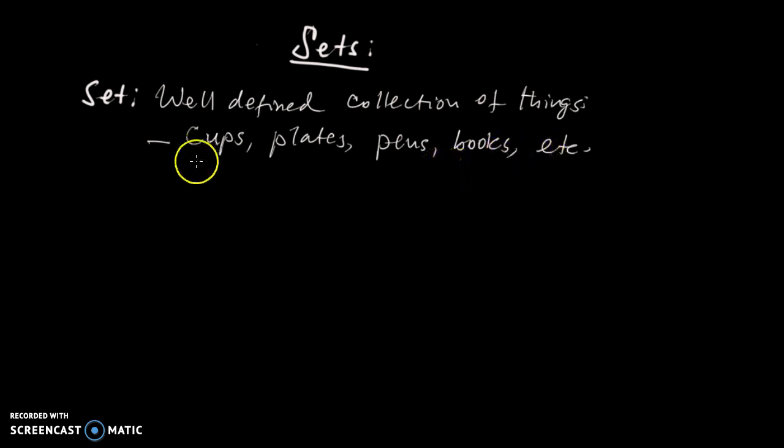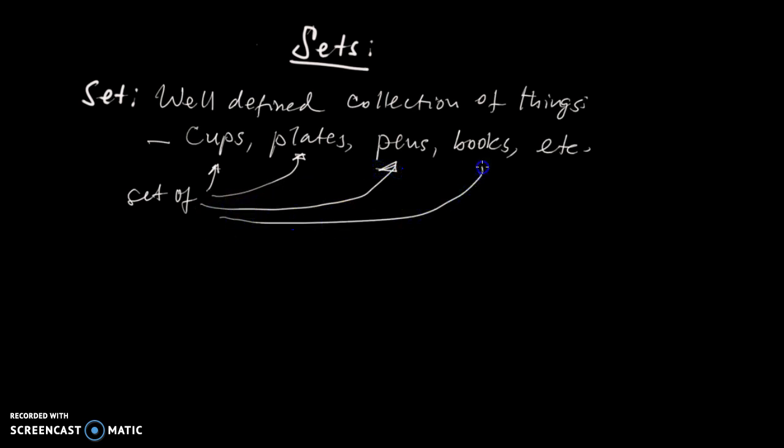So these are sets. We can have a set of cups, set of plates, set of pens, set of books, etc. That way, it is a well-defined collection of things, right?